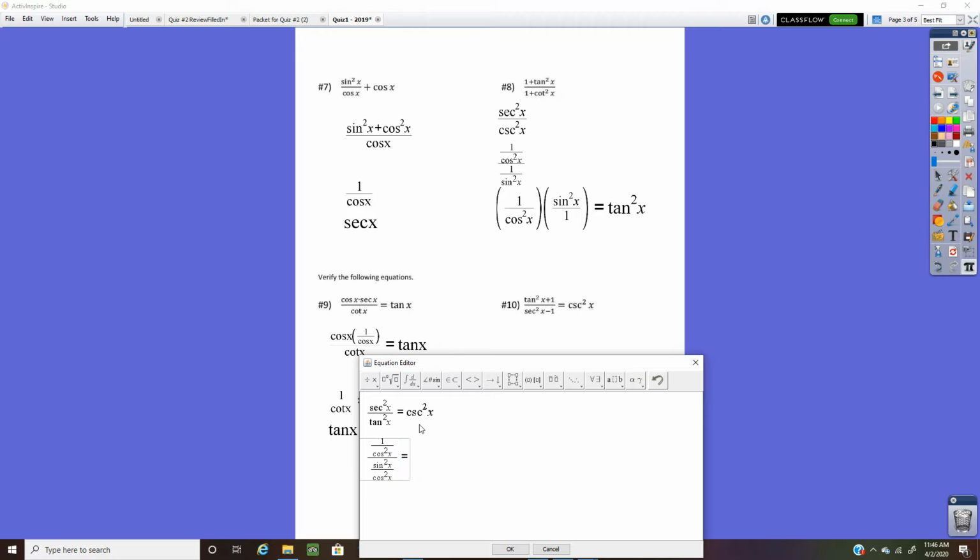All right, and that equals, let me put this in parentheses here, leave the denominator alone, and then multiplied by, cosine squared should be going in the numerator, and sine squared in the denominator.